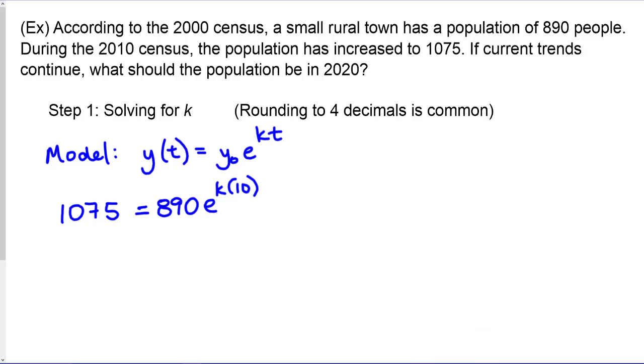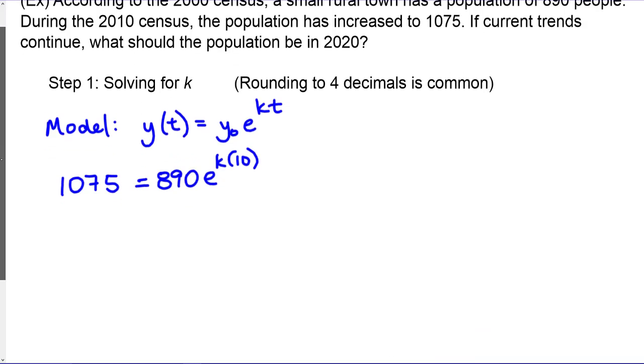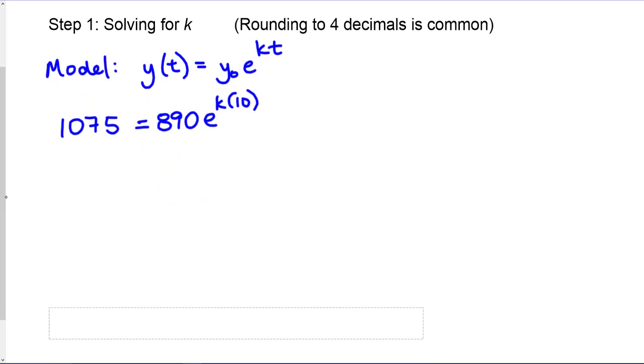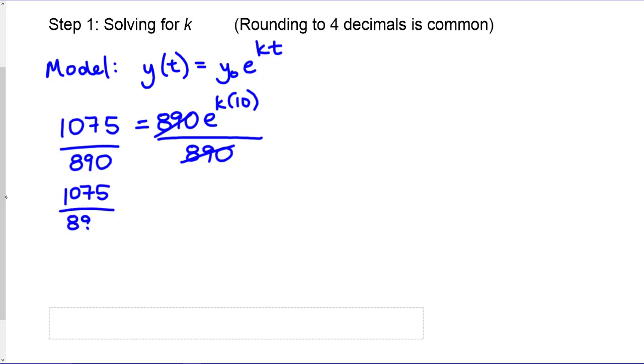In order to do that, I'm going to have to change it into a logarithmic eventually, but for right now, the first step is to divide both sides by 890. Okay, so I can get e to the 10k by itself. Now, that's going to look like 1075 over 890 equals e to the 10k.